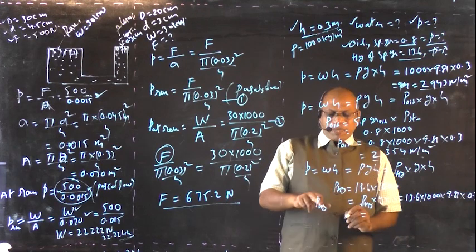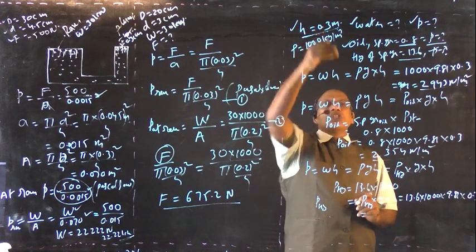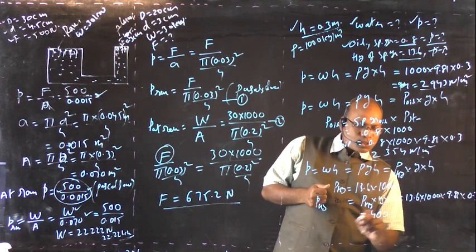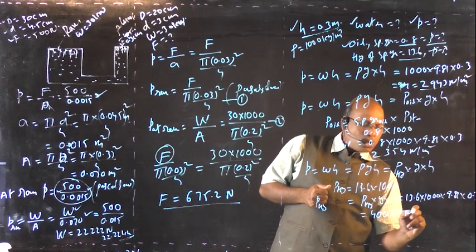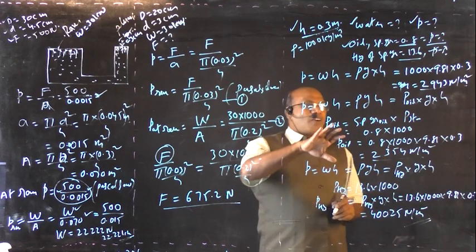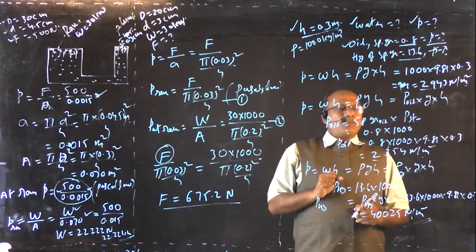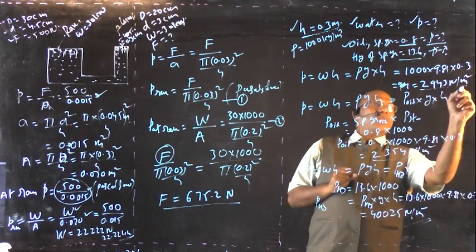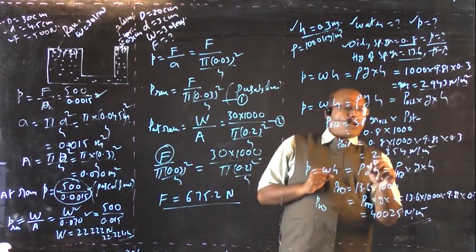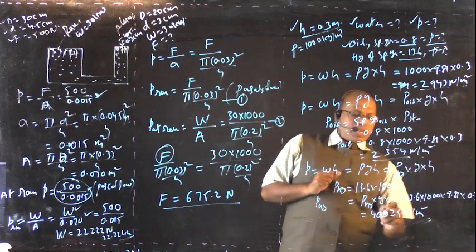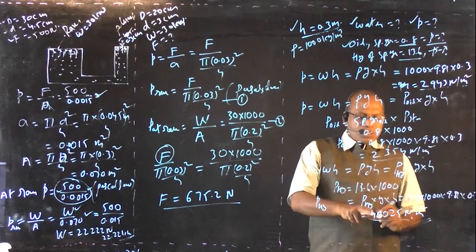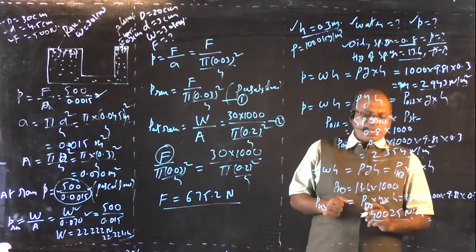Therefore, the pressure because of the mercury column of 0.3 meters is equal to 40025 Newton per meter square. What we have observed here: because of the water, the pressure is equal to 2943 Newton per meter square. Because of oil, 2354 Newton per meter square. Because of the mercury column head of 0.3 meters, 40025 Newton per meter square.